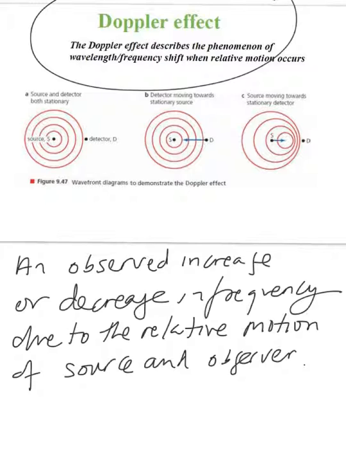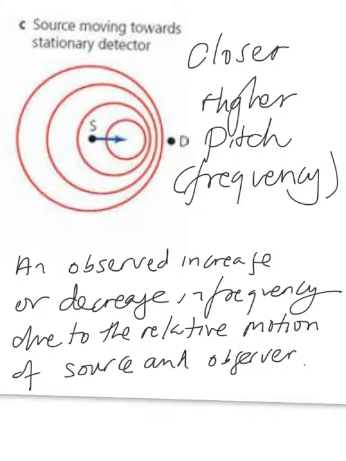Let's look more closely at how the pitch changes with relation to the relative movement of the observer and the source. If we look at what happens when the source moves closer to the observer, we can see that the sound waves, which are normally dissipating uniformly, get squashed together as the source moves towards the observer, as it tries to literally overlap with them.